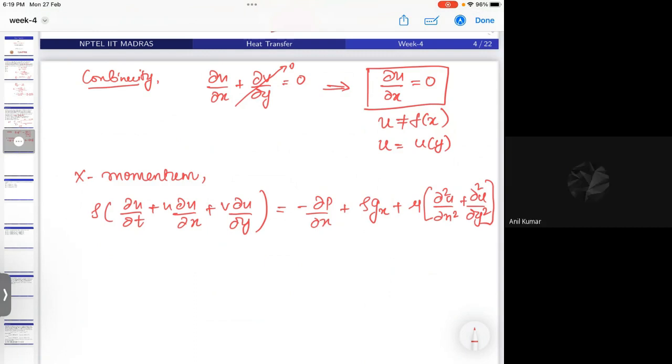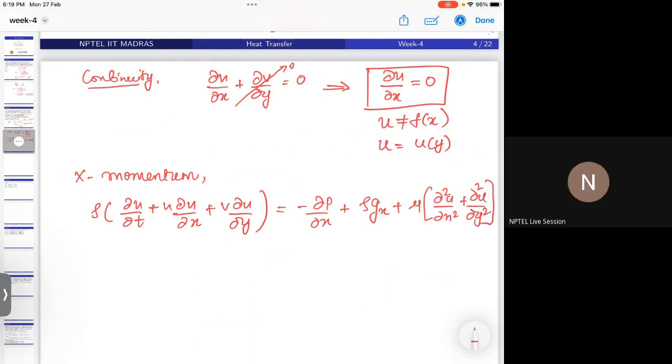Yes, sir. Actually, if the flow is steady, then it means we are writing this equation within the boundary layer, not outside the boundary. No, here I'm not saying anything about the boundary layer. Because my confusion is that if we are considering it to be steady state, then dou u by dou x should also be zero if it is outside the boundary layer.